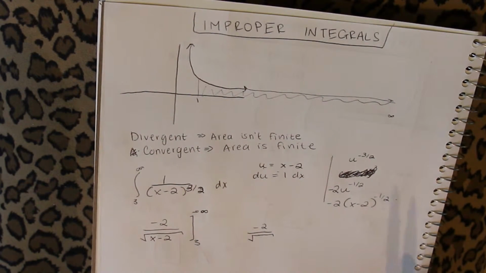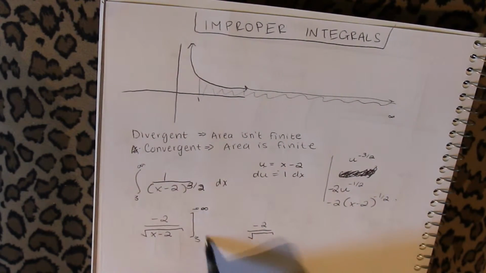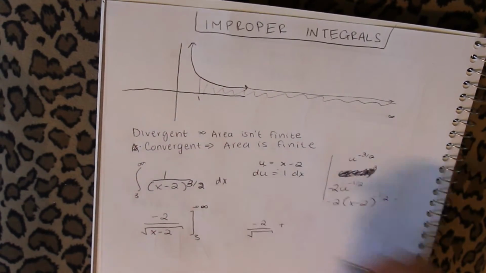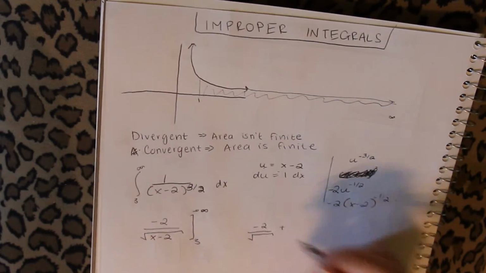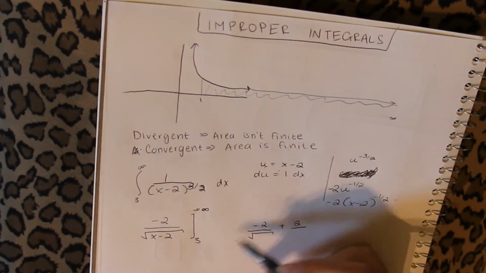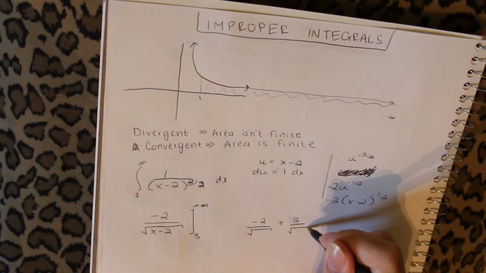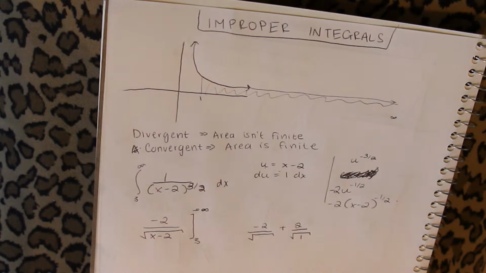So it's still going to be a really big number. I'm just going to leave that blank for now, and then we're going to subtract this with the 3 substituted in, so that's going to be positive, negative, negative is positive, 2 over the square root of 3 minus 2, which is the square root of 1, which is just going to be 2.